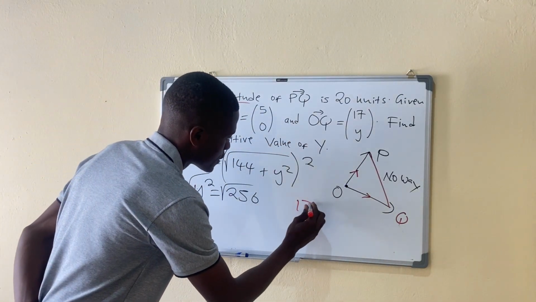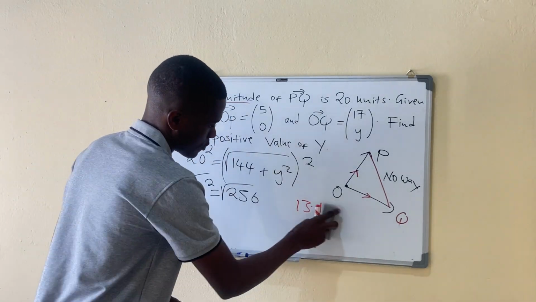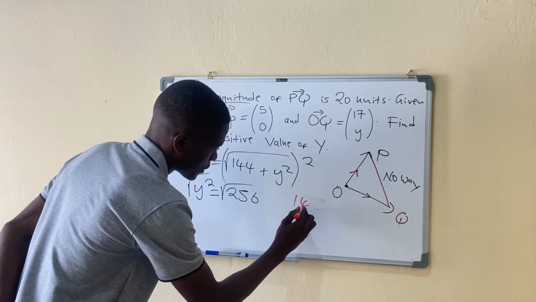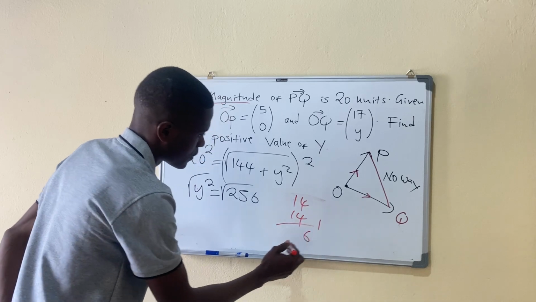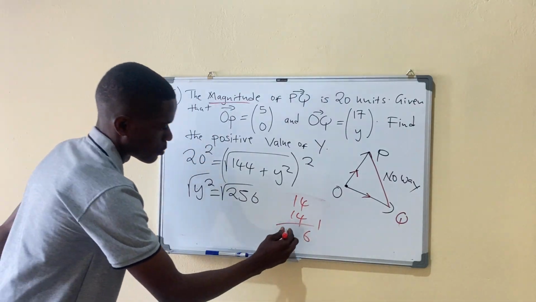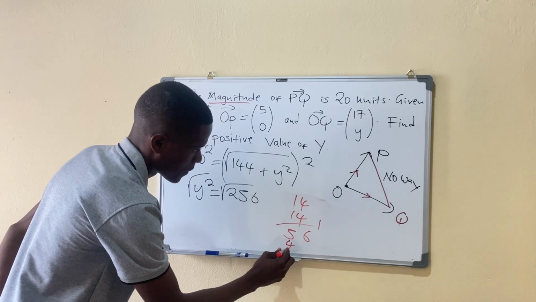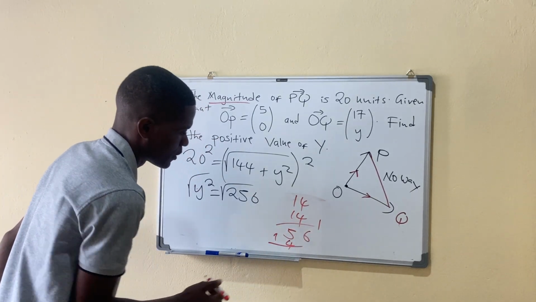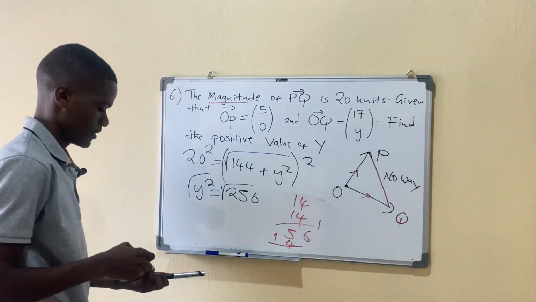We understand that 13 multiplied by 13 should be 169. So how about if you try 14? 14 multiplied by 14 will give you what? 4 times 4 is 16, carry 1. 4 times 1 is 4, plus 1 is 5. 1 times 4 is 4. 1 times 1 is 1. So this is what is giving us 196.